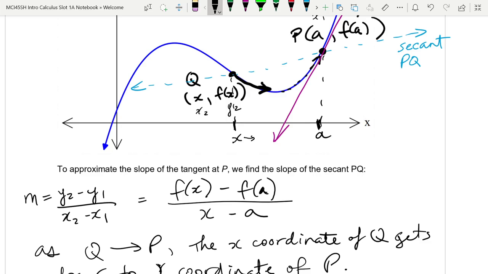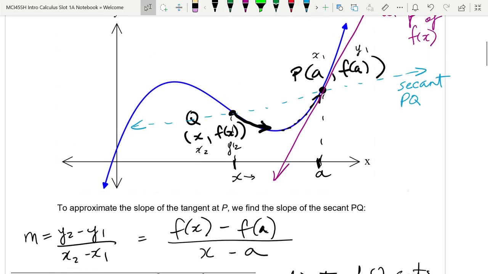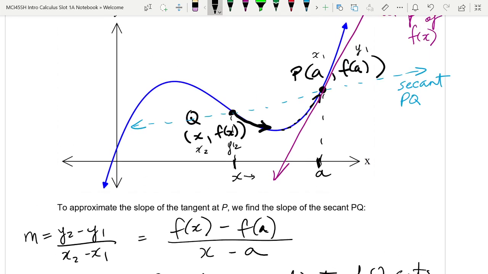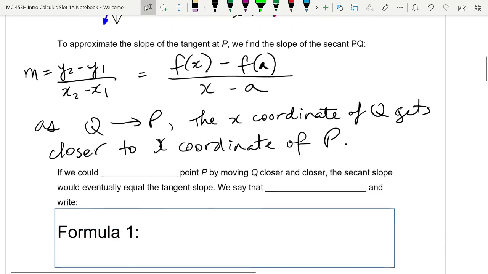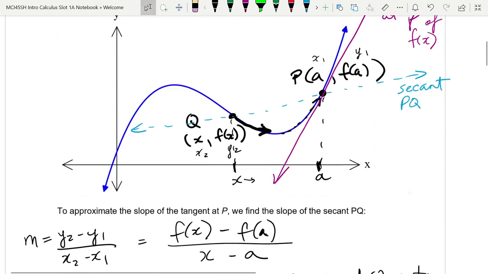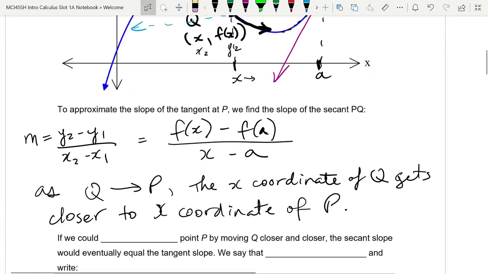So as x gets closer and closer to a, the dotted secant line gets closer and closer to being the solid tangent line.